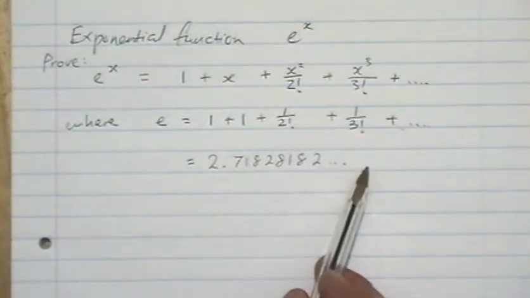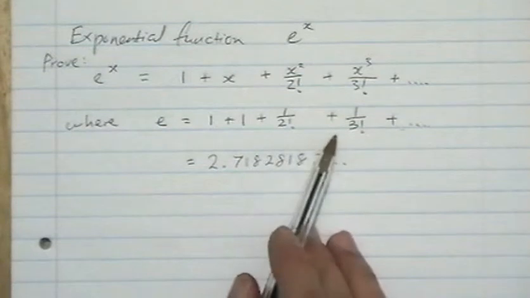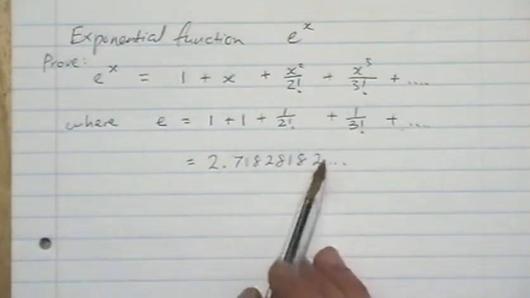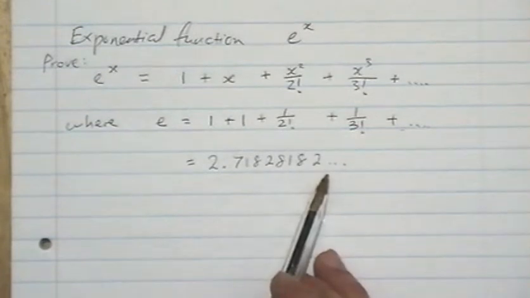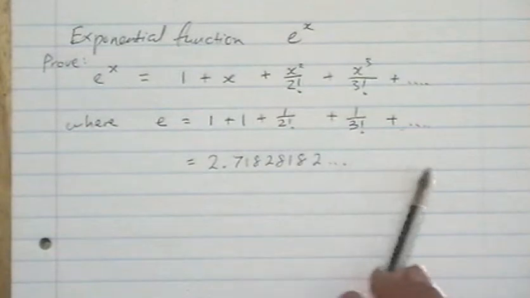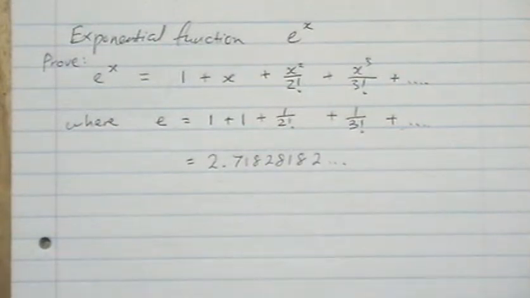Okay, so if you find this number on a calculator, this is what you see until that number of decimal places. And if you can show more places, it can just keep going.